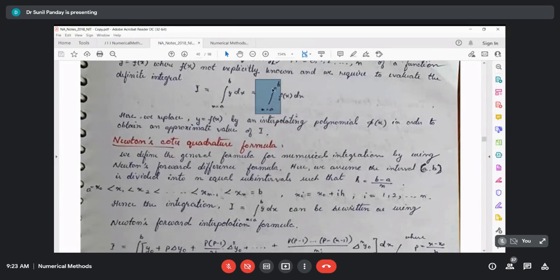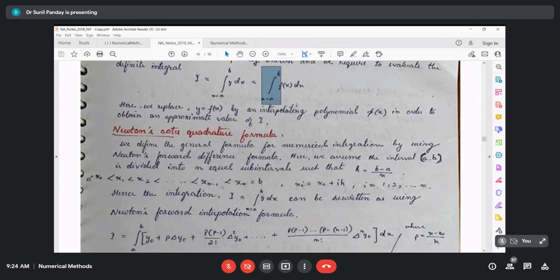This is one interval a to b. We subdivide this interval ab into n equal intervals, and we will get n plus 1 data points. We'll see how we do this.